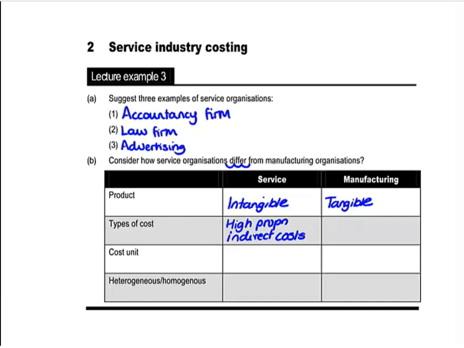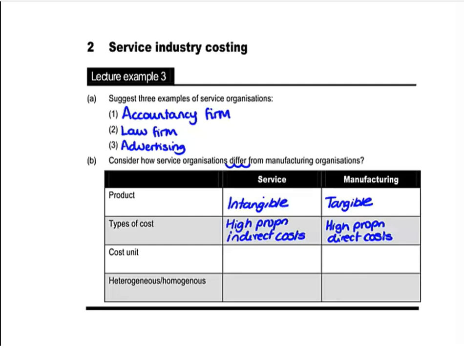So a lot of the costs there indirect. If you think about manufacturing a table or some other item, a lot of the costs are going to be directly attributable because they are going to perhaps be for materials and other direct costs.